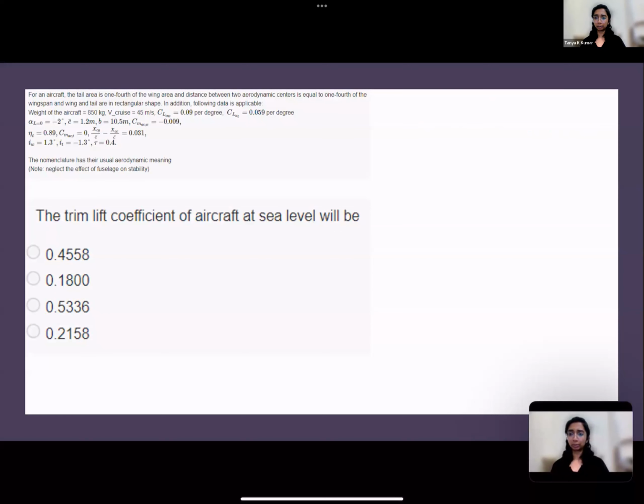Very simple, no? We've done this multiple times. Use the trim equation for lift equal to weight equation and try to find out. This is the formula, right? And then you use lift equal to weight and try to find out what is the value, trim lift coefficient.